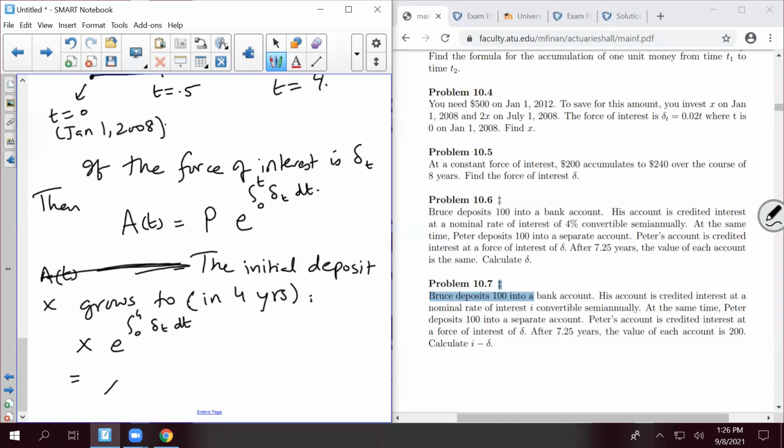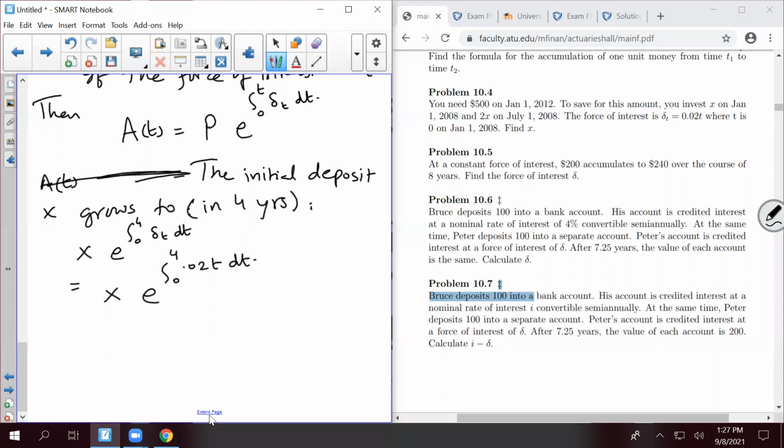Delta t is 0.02t. Right. Now we'll substitute what delta t is. That's 0.02t. So what's the integral of 0.02t? 0.02t squared by 2, 0.01 t squared, which would be 0.01 times 16.